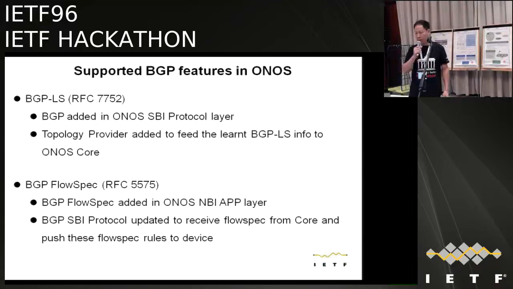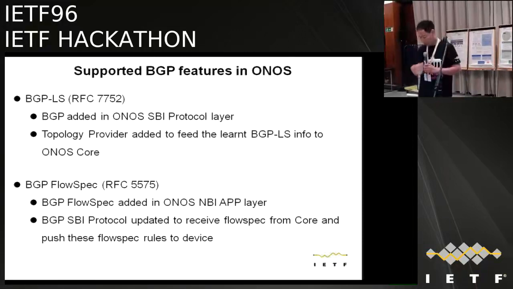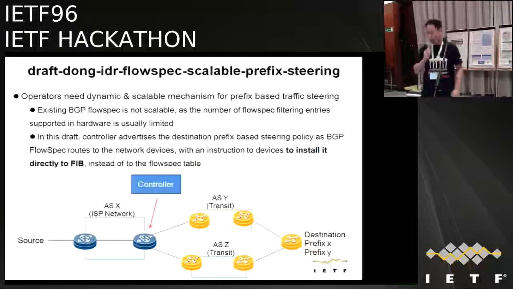Our implementation is based on ONOS. ONOS had already supported some BGP-related features, such as the basic BGP link status and the basic BGP flow spec. So what did we do? Two things.